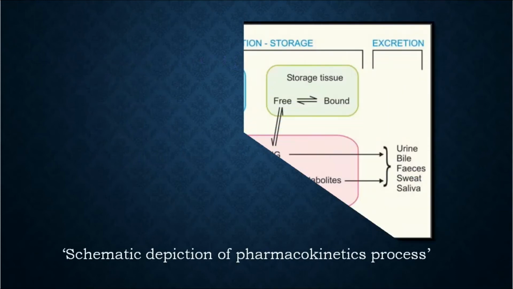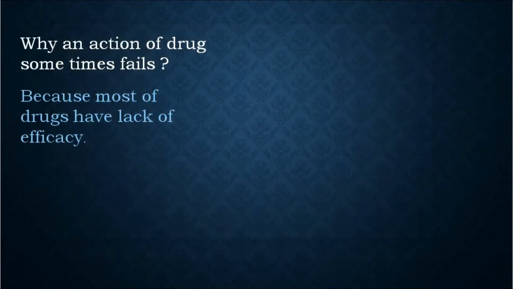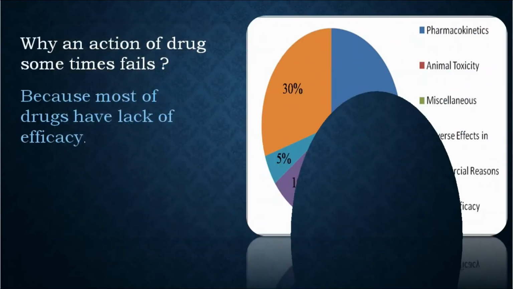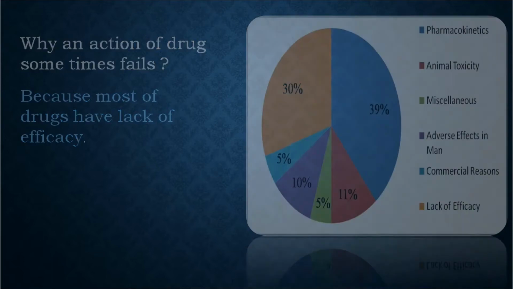This picture shows the basic concept of the topic: intake of drug, then absorption in circulation followed by distribution in the body, and metabolism to activate or facilitate drug excretion from the body. We wonder why the action of drugs sometimes fails. This is because most of the drugs lack efficacy.